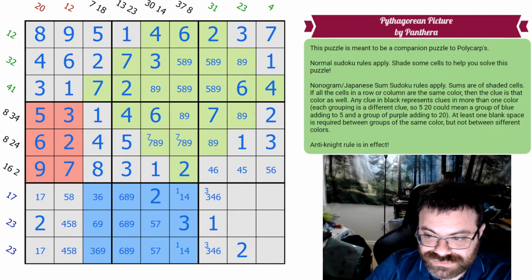That places this 7. Are there any sums I haven't completed yet? I think they're all completed.